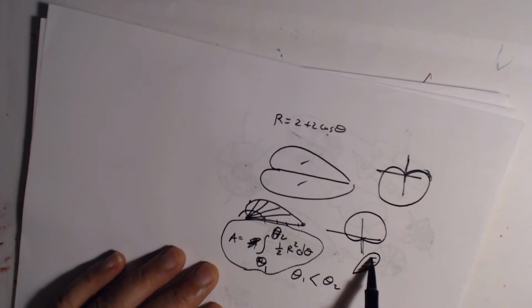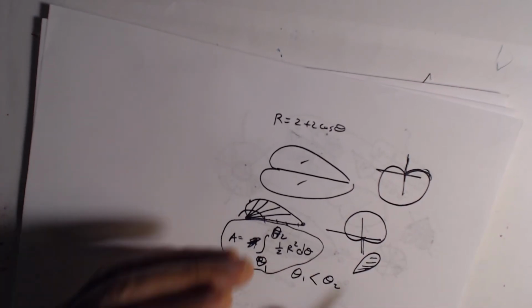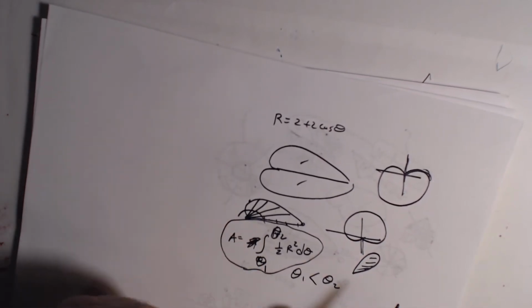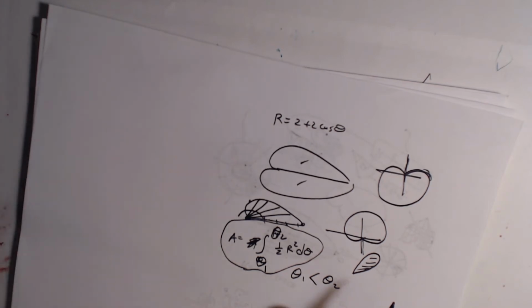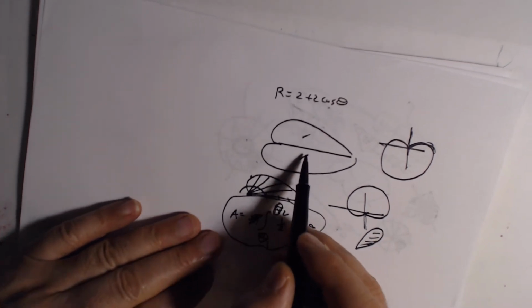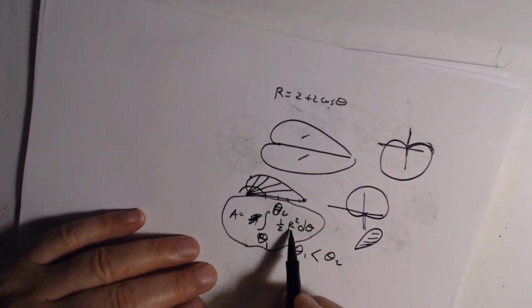Therefore, that's called the area of a region. It could be an inner loop, a cardioid, or a region between circles and a cardioid, a region bounded by a polar graph.